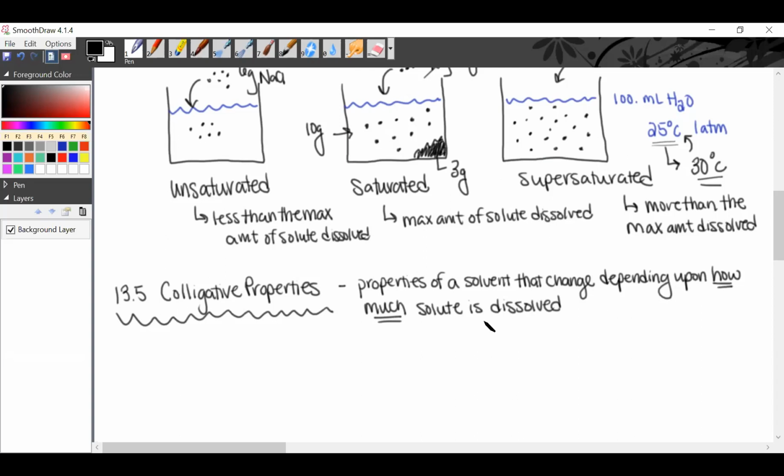I highlighted how much solute is dissolved because that's the only factor that matters. The identity of the solute does not matter. It doesn't matter if it's sugar or if it's salt. It doesn't matter what the thing is that you're dissolving. It only matters how much of it you dissolve. So, independent of solute identity. These are things about solvents that change when they become a solution, in other words.